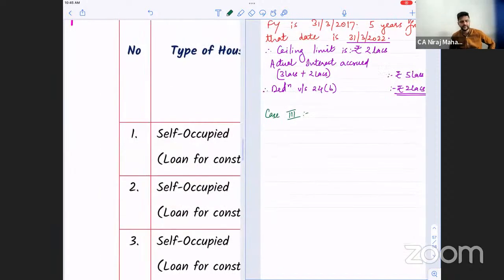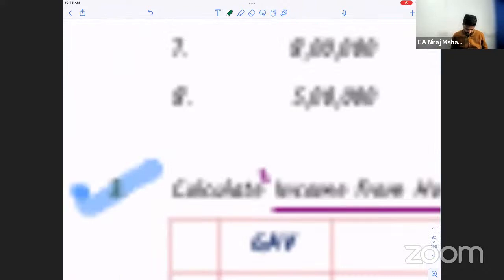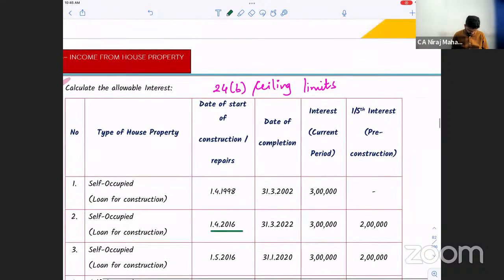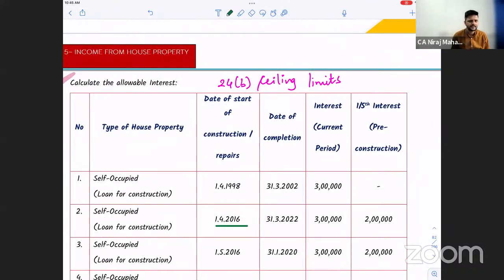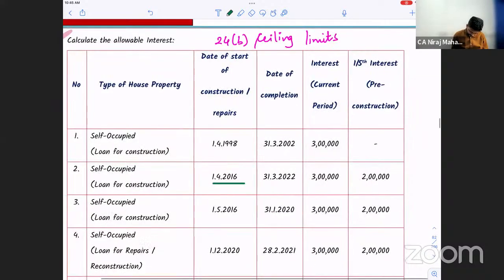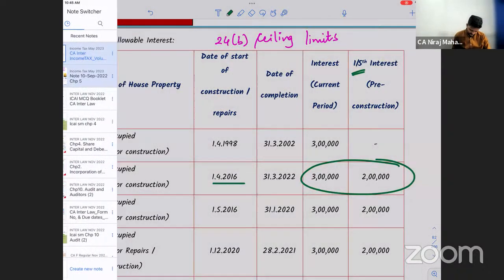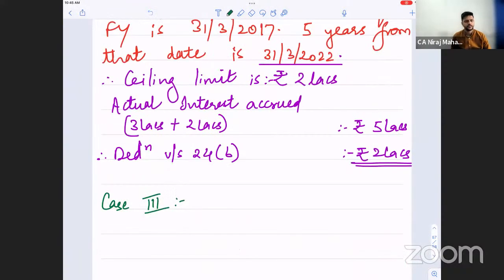Ready for case number 3? Very simple. 5 lakhs, how? It is already given to us, pre-construction. What did I write as the answer? 5 lakhs or 2 lakhs? The answer is 2 lakhs only. 5 lakhs is written in brackets. 3 lakhs plus 2 lakhs.